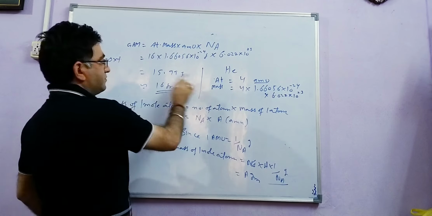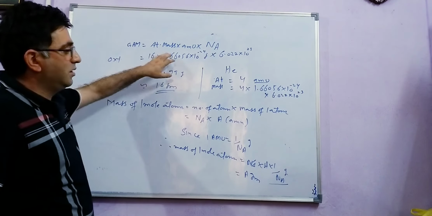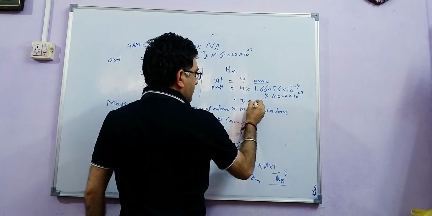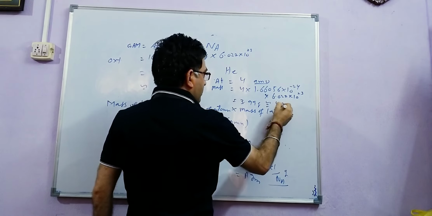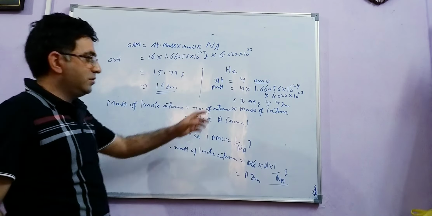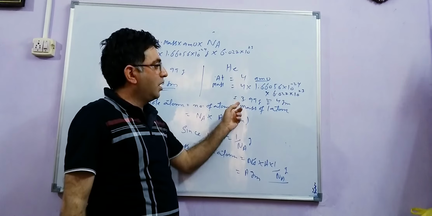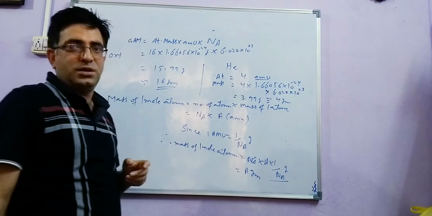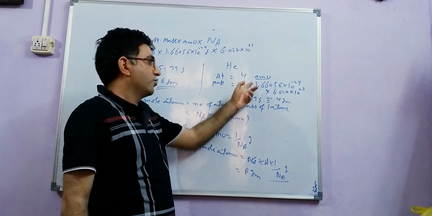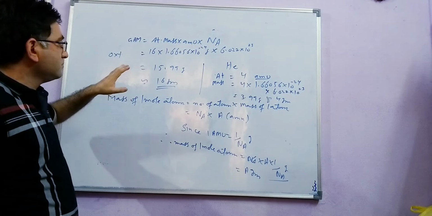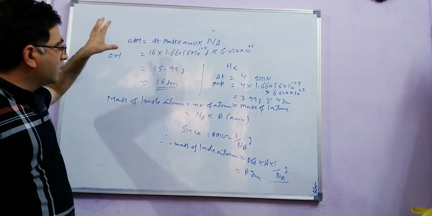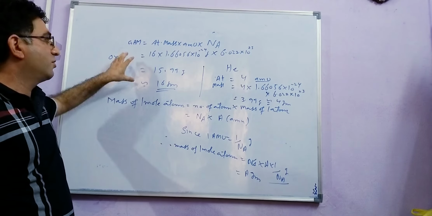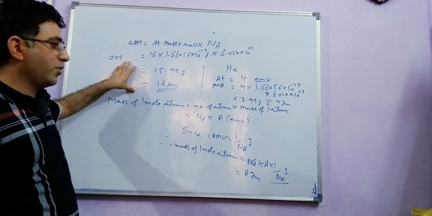You can just write this formula or you can derive the formula. Now it becomes 3.99 gram, approximately equal to 4 gram. Means mass of helium in AMU and gram atomic mass comes out to be same. This is basically its mass number, or we can say atomic mass in AMU. Clear? This is how one can prove the gram atomic mass and atomic mass have the same numerical values. Getting the point?